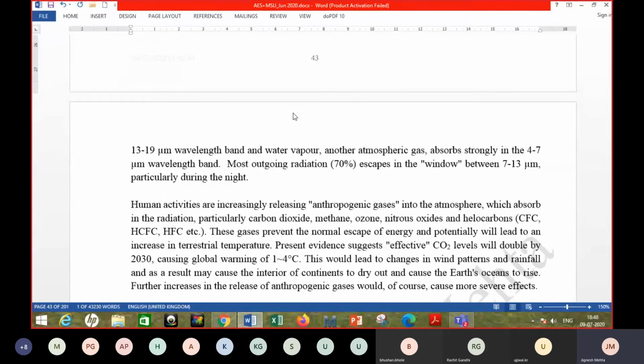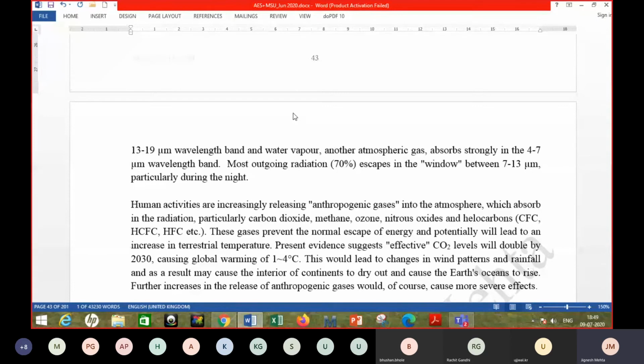So glass allows the radiation to come in because it has good transmissivity for low wavelength radiation. That radiation comes inside the car and gets absorbed by various surfaces of the car, like your seat, your dashboard, the interior of the doors, etc. Their temperature increases, and they also start re-radiating or emitting.